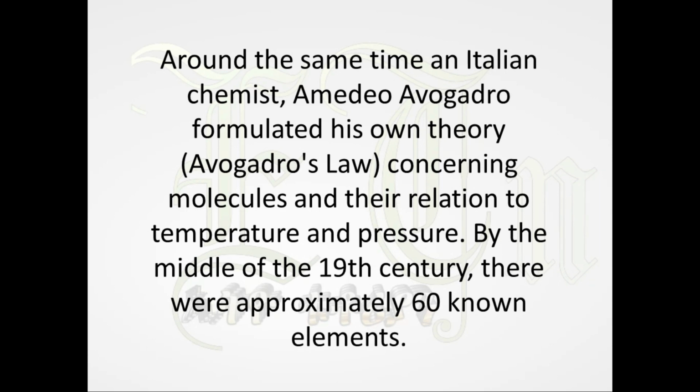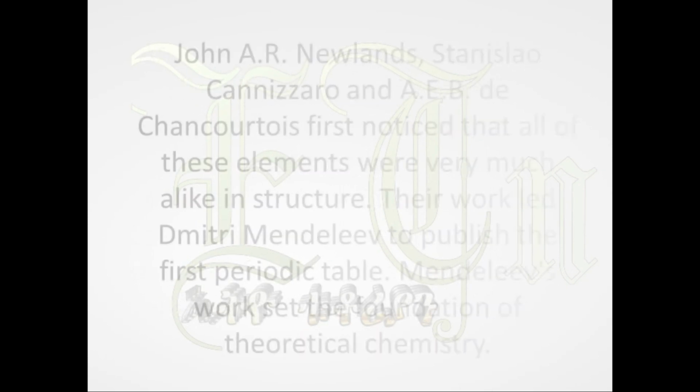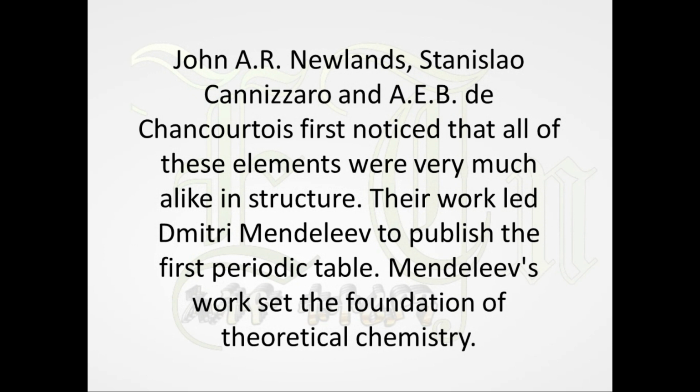By the middle of the 19th century, there were approximately 60 known elements. John A. R. Newlands, Stanislao Cannizzaro and A. E. B. de Chancourtois first noticed that all of these elements were very much alike in structure.